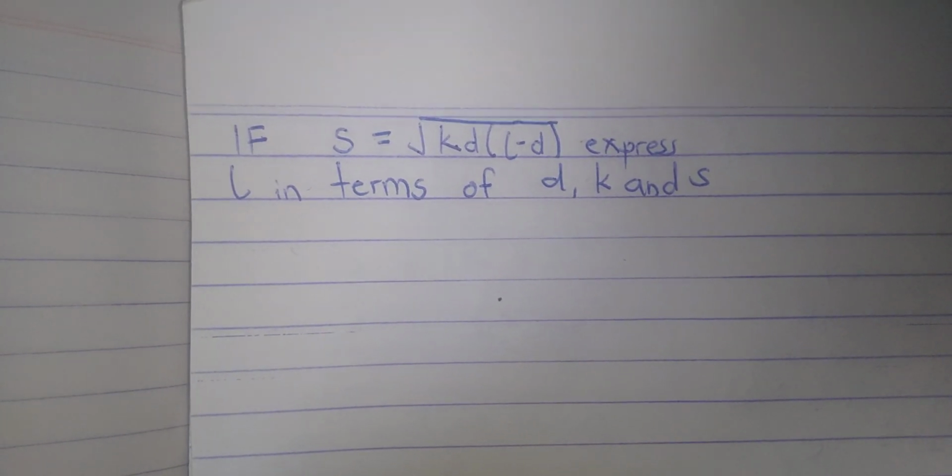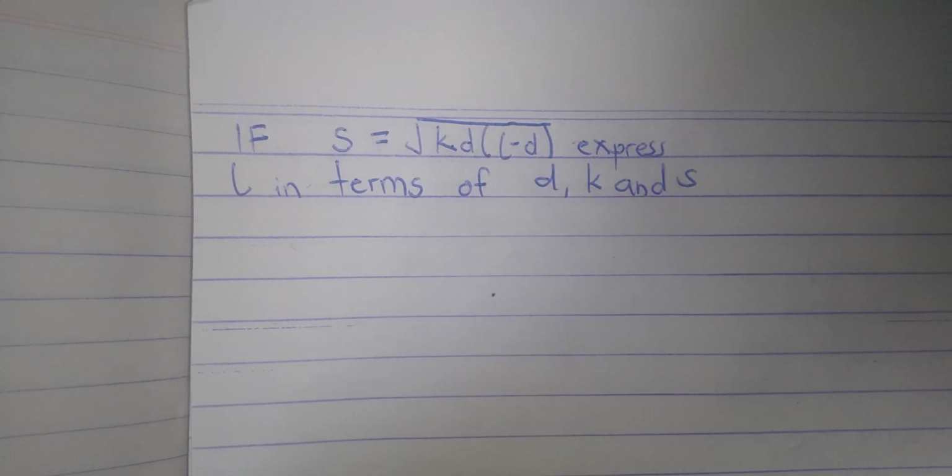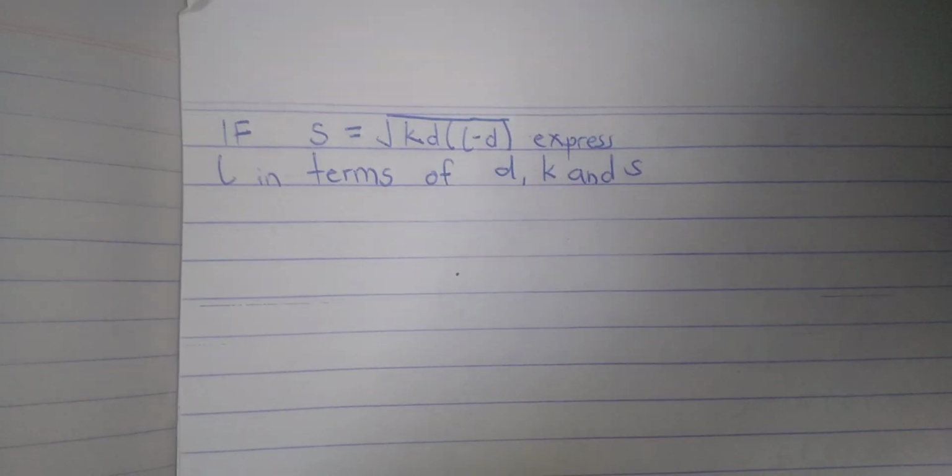So ideally, how we can go about this, we can first remove the square root by squaring both sides. Since we are being given that s equals the root of kd into L minus d, we can first of all square both sides.